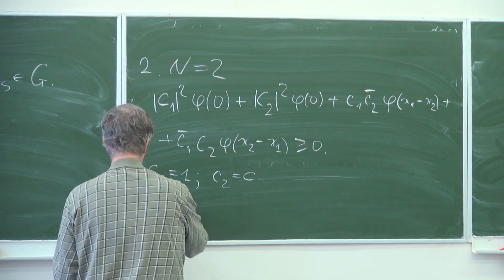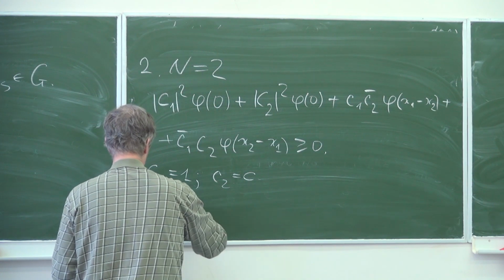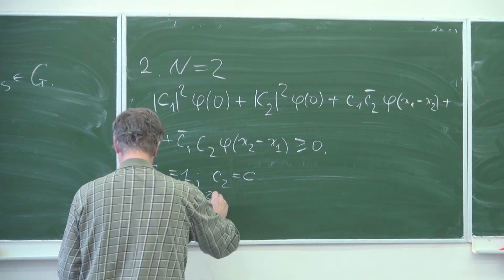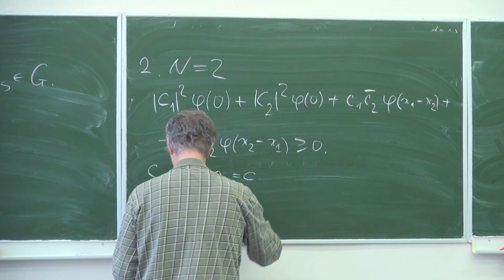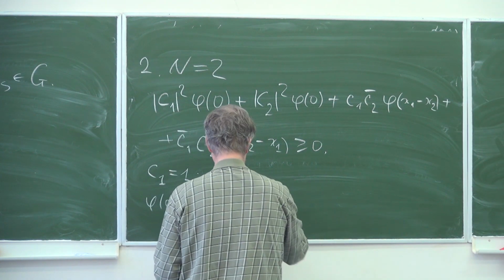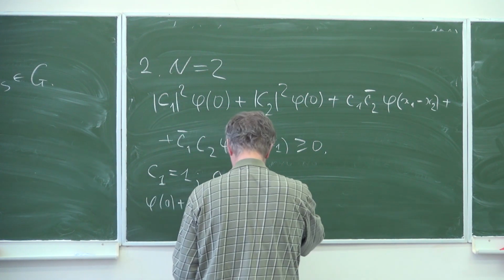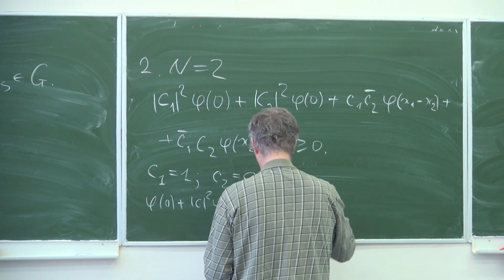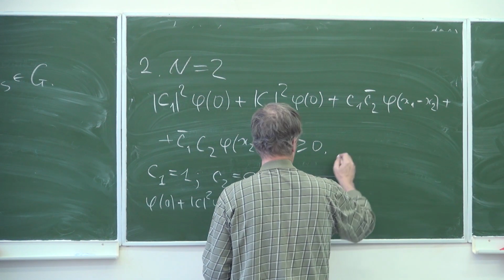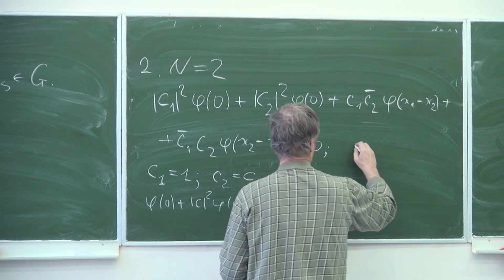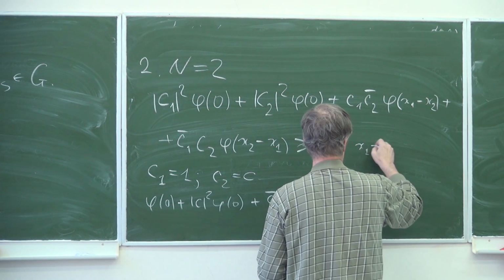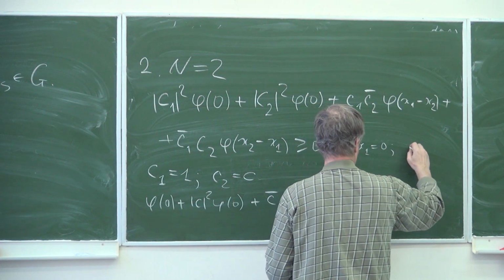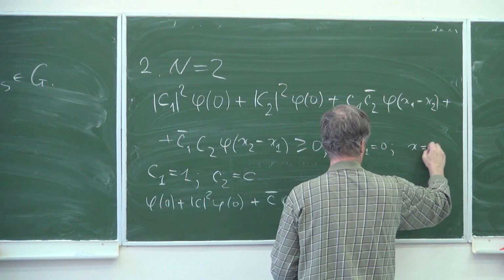We obtain phi of 0 plus C squared phi of 0 plus C bar phi of minus x, and also let's take x1 equal to 0, and we write simply x for x2.